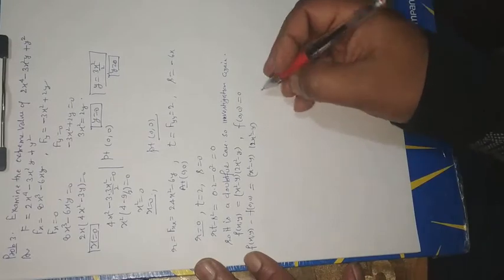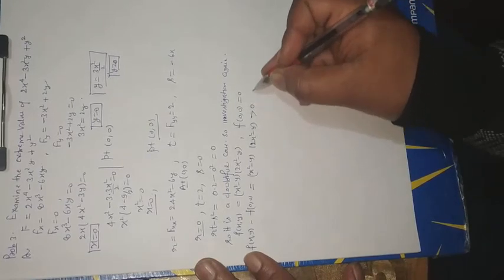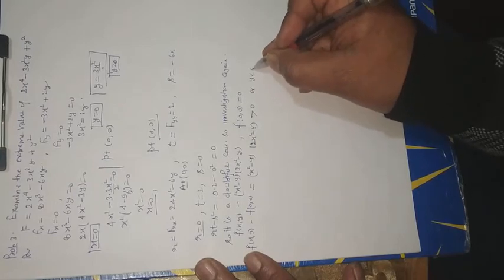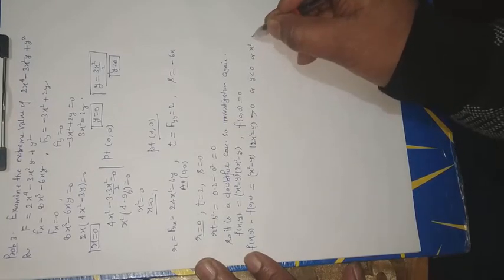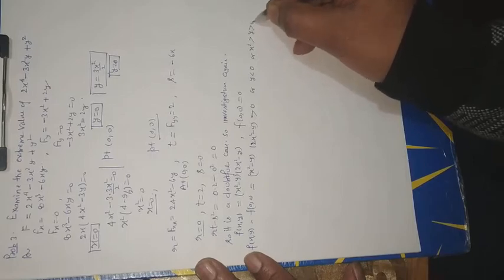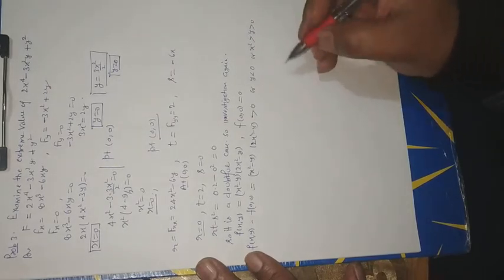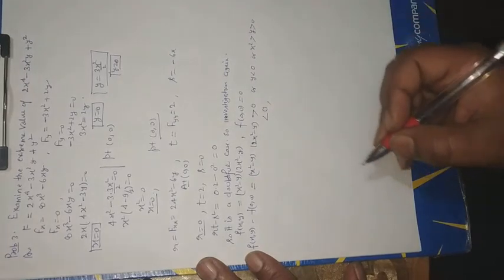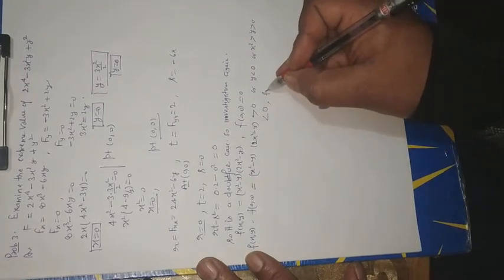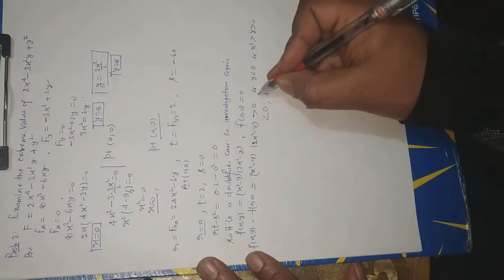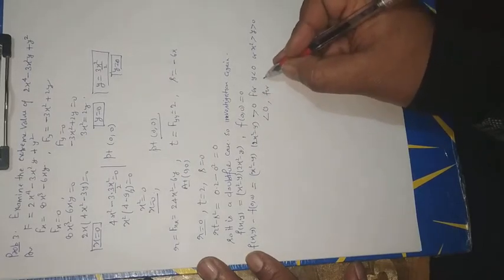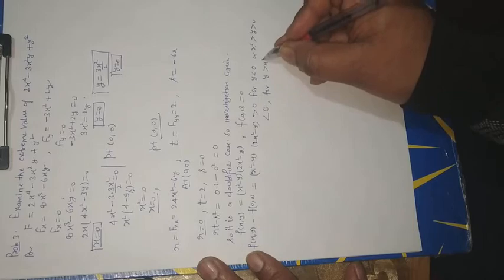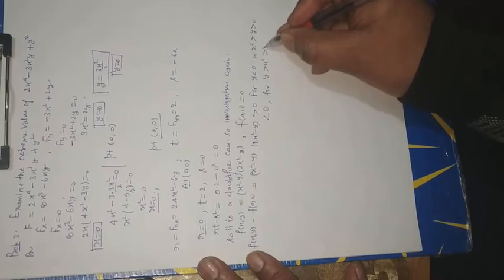It is always positive when y is negative, or x square is greater than y greater than 0. It is always negative for y greater than x square greater than y by 2.